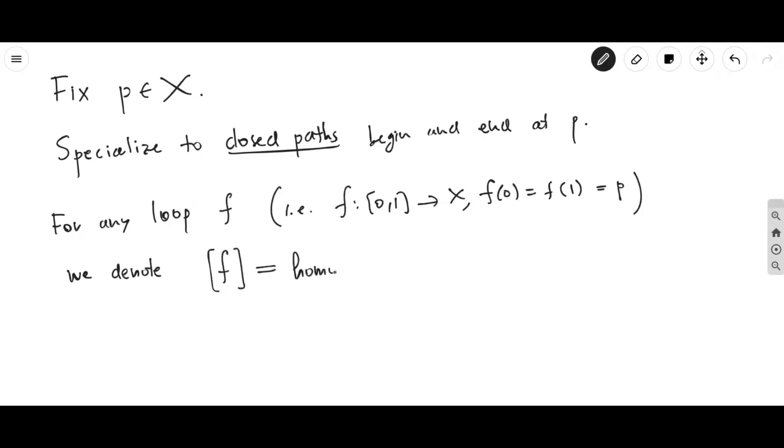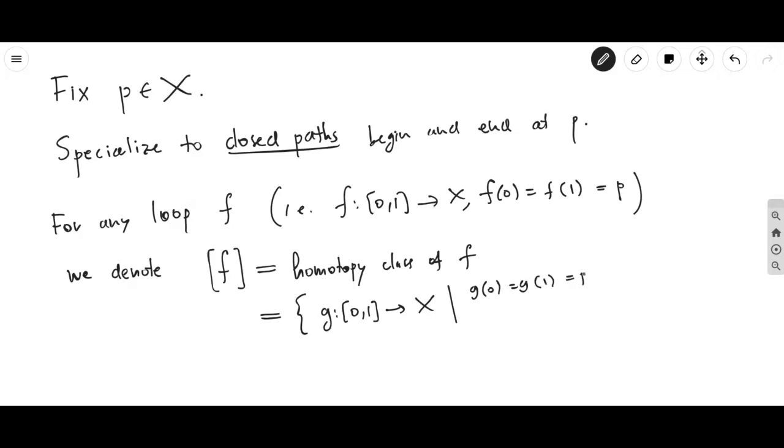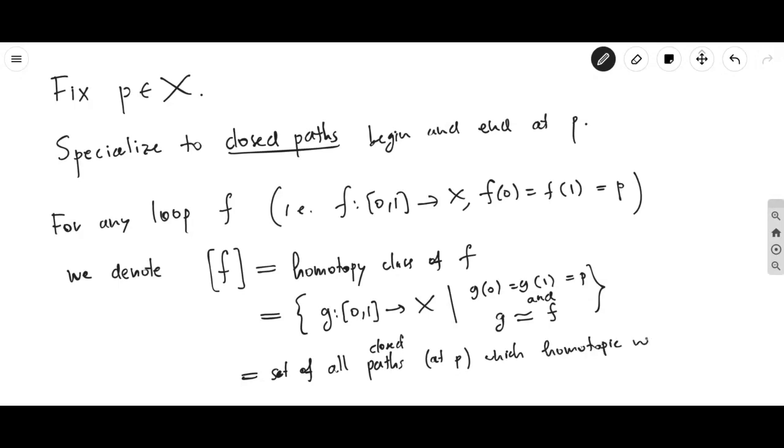This is called the homotopy class of F. And this is the collection of all closed paths G, so it's also a closed path, with the property that G is homotopic, path homotopic, of course, with F. So to put it very simply, this is the set of all closed paths, and this is at P, of course, which are homotopic with F.